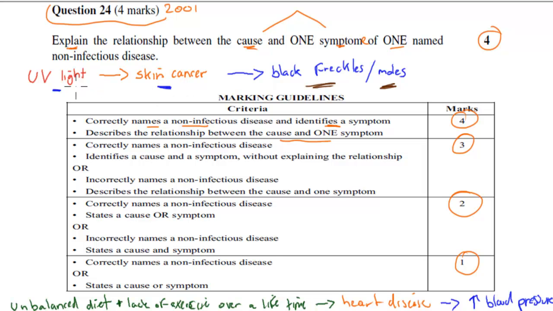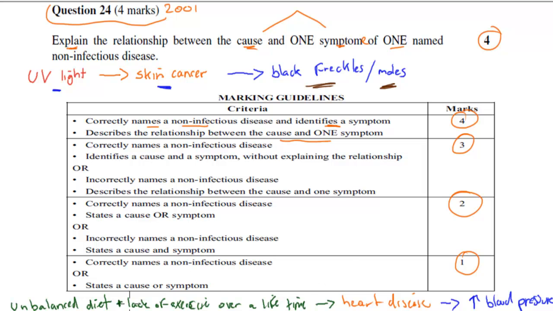UV light causes skin cancer because UV light makes cancerous cells, and these cancerous cells grow out of control and thereby produce these black freckles or moles, which are more or less just big clusters of out-of-control skin cancer cells. So that's how the symptom can be connected back to the UV light, because the UV light has damaged DNA and thereby caused crazy growth and the symptom.